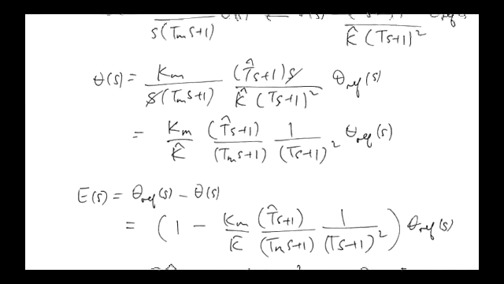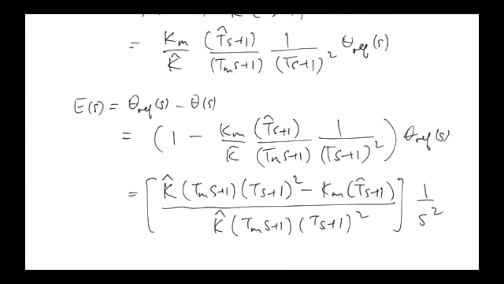That no longer happens. If we expand that out, the coefficient of s to the power of 0 will be k hat minus km. So if k hat is not equal to km, then we can't factor out an s out of the top here.